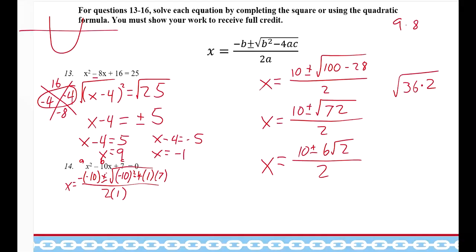And then square root of 2 is just going to stay square root of 2. One last step would be to divide both the terms up top by 2. So 10 divided by 2 is 5, plus or minus 6 divided by 2 is 3, and then square root of 2. And then we will leave that answer in that format. We are not going to plug that into a calculator.